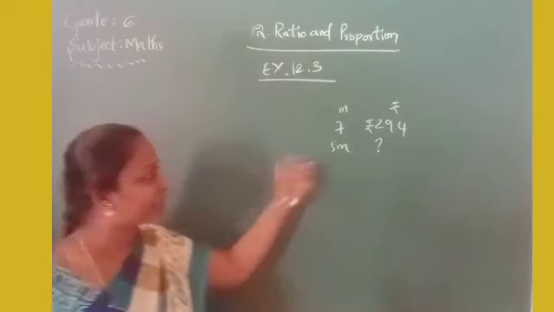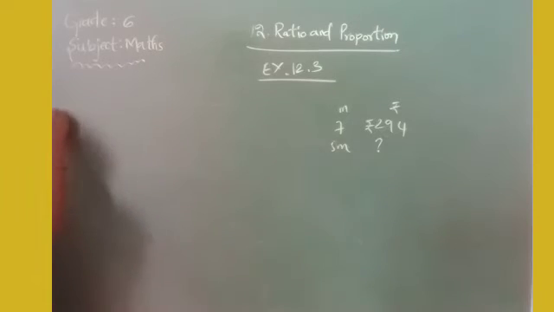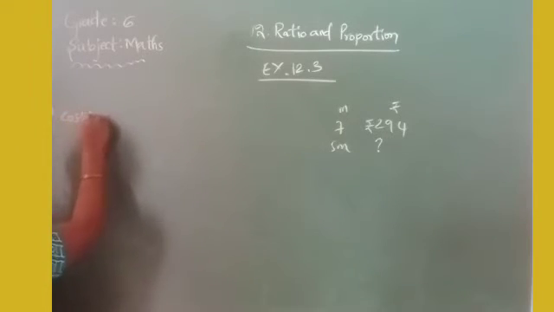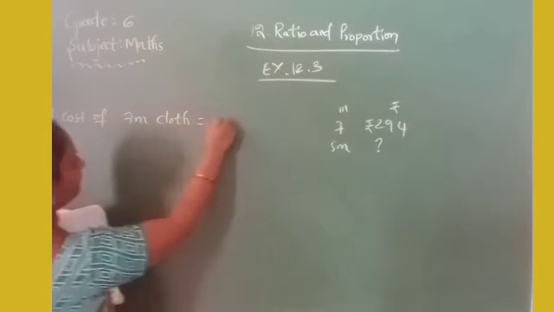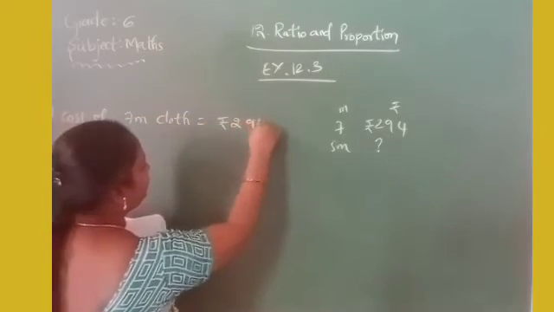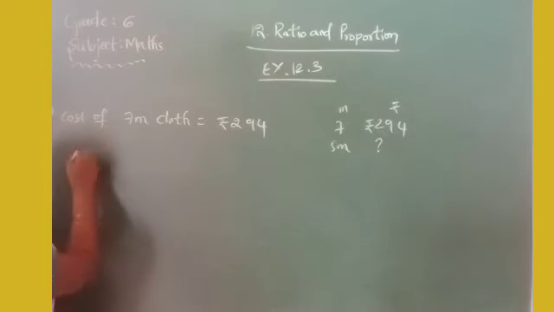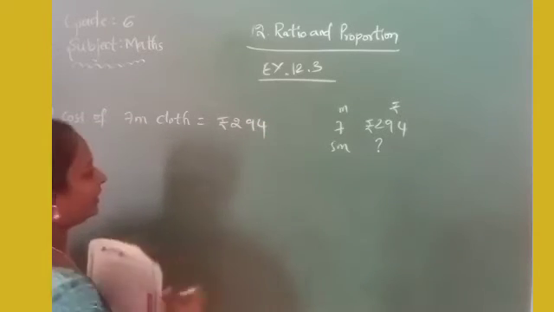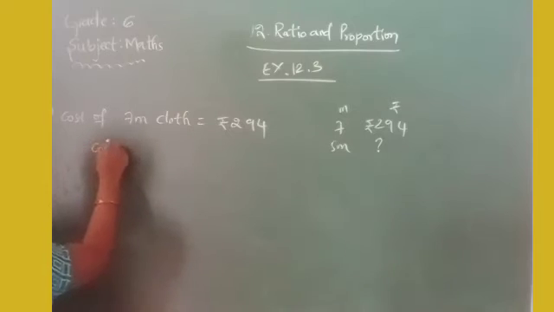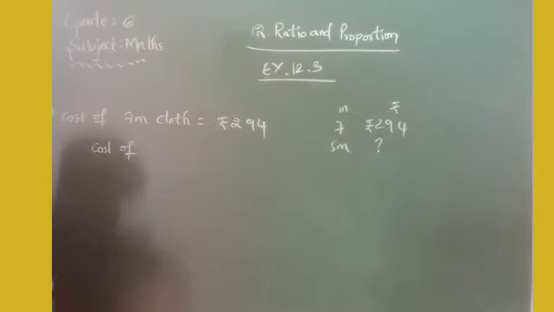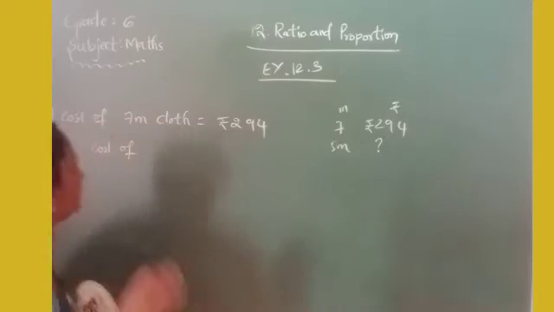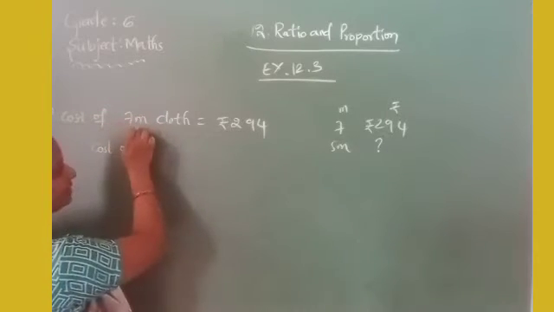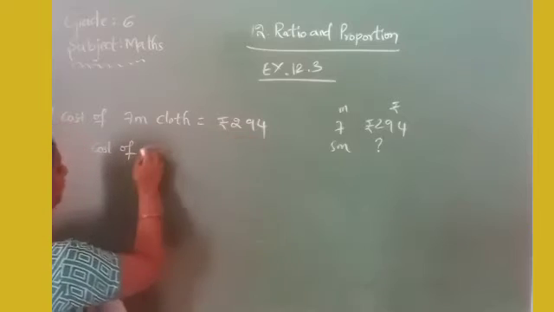So first write: the cost of 7 meters of cloth is equal to 294 rupees. Now, before finding that, in the unitary method what did I say? First find the value of 1 unit. So here, 7 meters of cloth is 294 rupees.